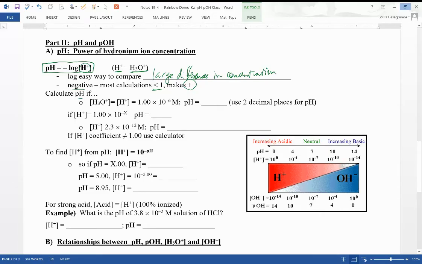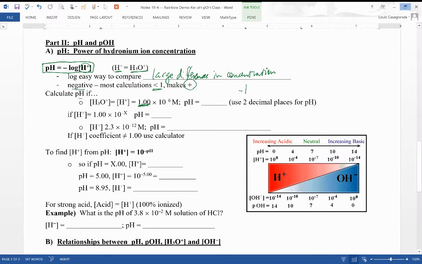Now, it becomes relatively easy to do if you have a concentration where you have a 1.0 times 10 to something. If you have that 1.0, then it makes it pretty easy. I'll show you how that works in a moment, but put this into your calculator now. Take the negative log of 1.0 times 10 to the minus 6.